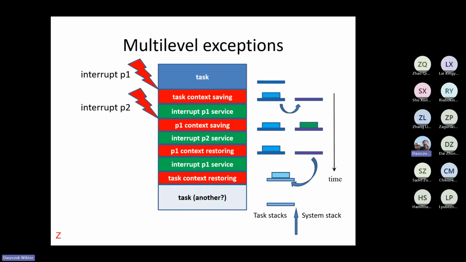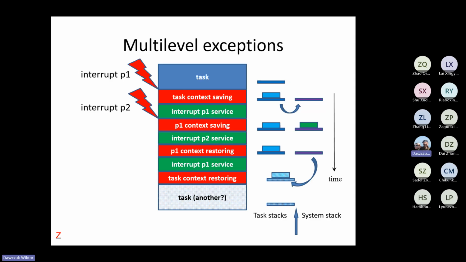It restores P1, taking this record from the system stack, and finishes serving P1. And here it restores the same task or some other task. This task has a different color. It is the stack of a different task.